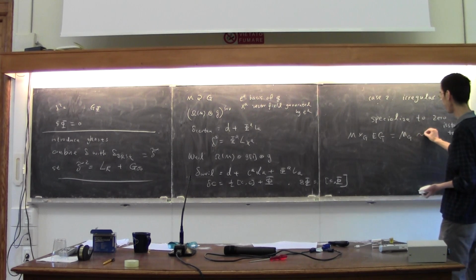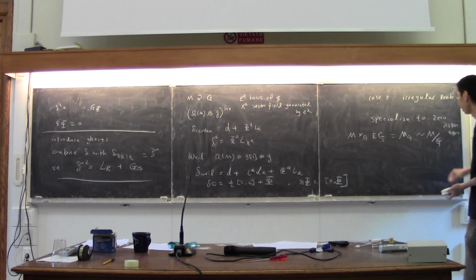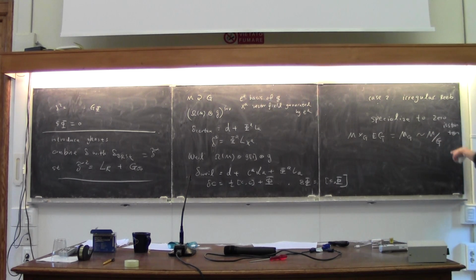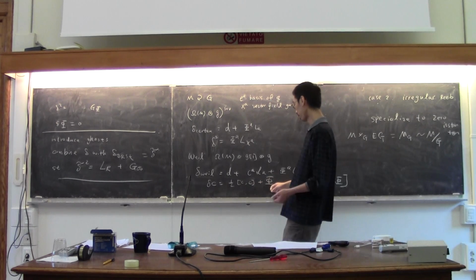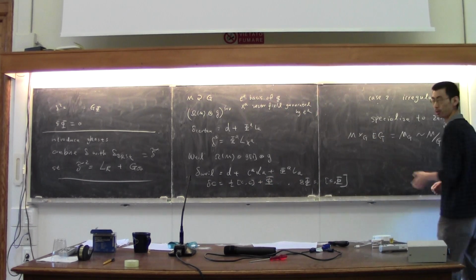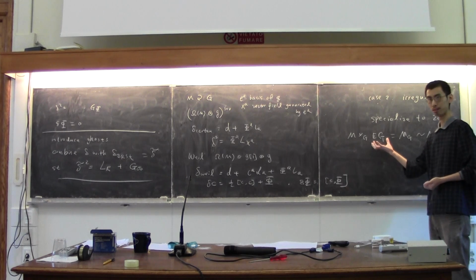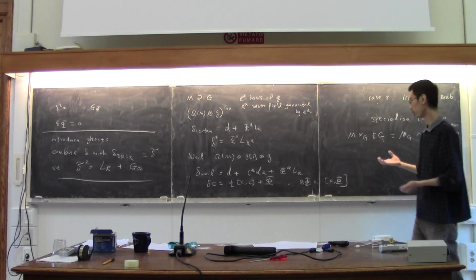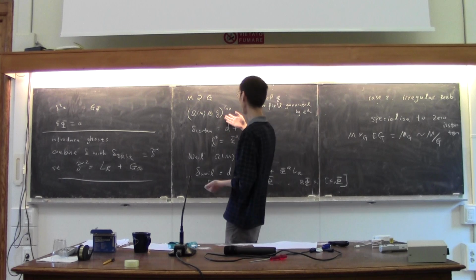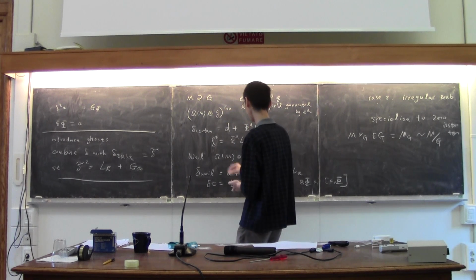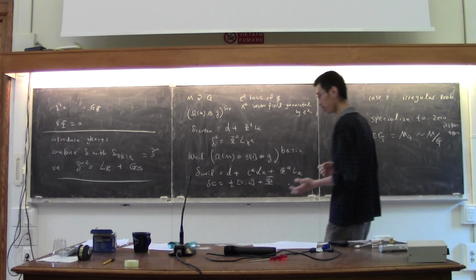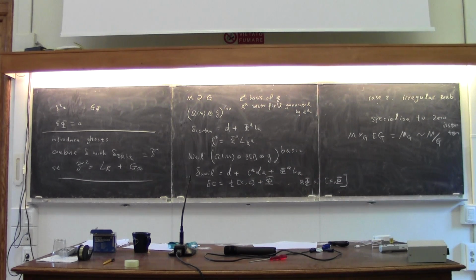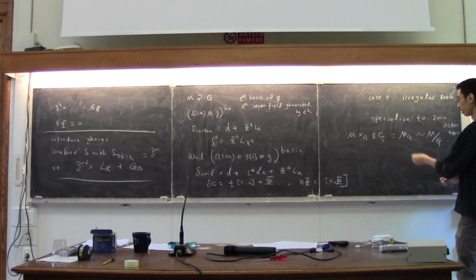You can pretend that this is that, but this behaves much better than the quotient. So C and phi are generators of the differential forms on this space. You consider its invariant combination, or in this case the basic combination, and then you compute this cohomology, and that's the cohomology of this thing.